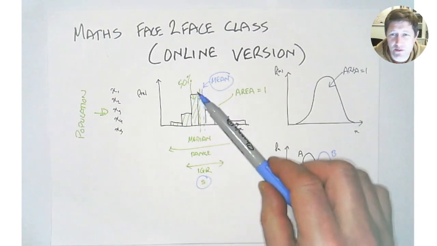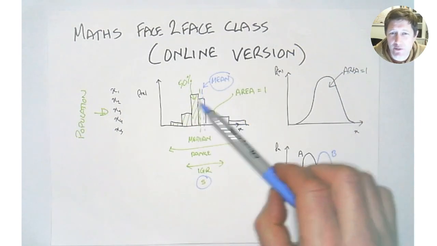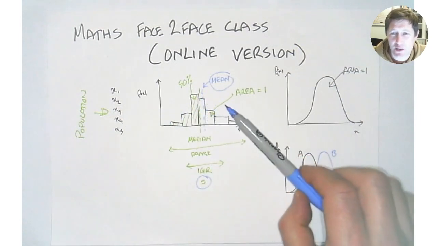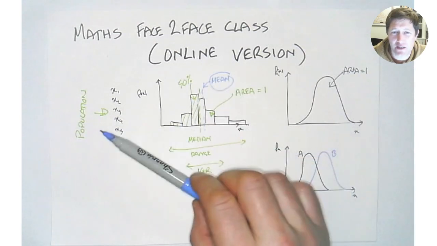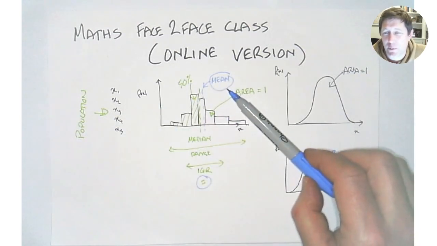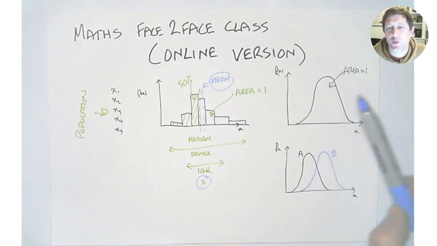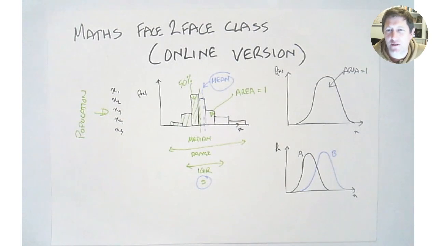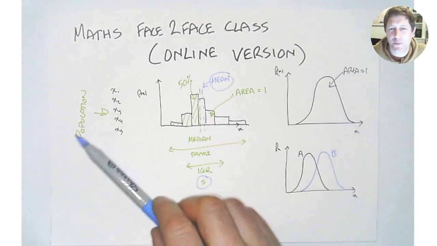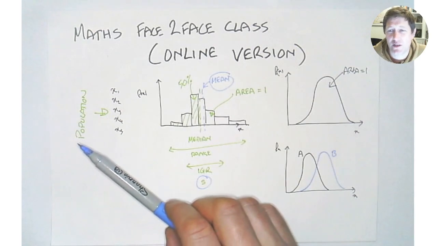But of course, the data has errors in it. And of course, if you take another batch of data, it will be somewhat different. And so this mean isn't the true population mean, it's an estimate of the mean of the population. And so something else we can do, rather than just saying what the value of the mean is, we can come up with a range of values, and say that the population mean is going to be somewhere within that range of values with a certain degree of confidence.